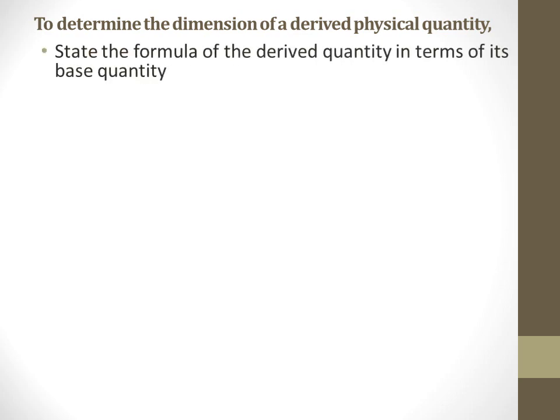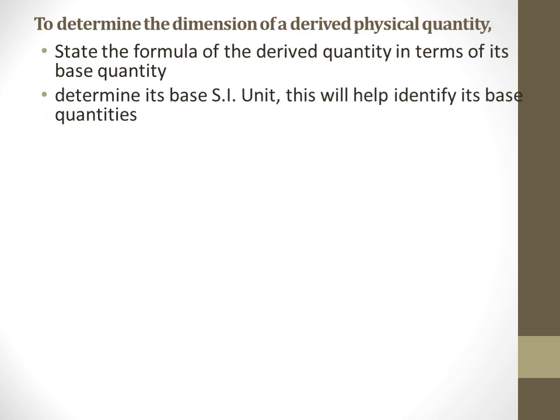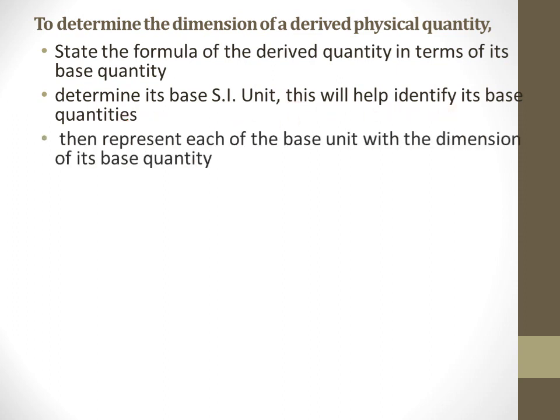State the formula of the derived physical quantity in terms of its base quantities. Determine its base SI unit. This will help identify its base quantity. Then represent each of the base units with the dimension of its base quantity.